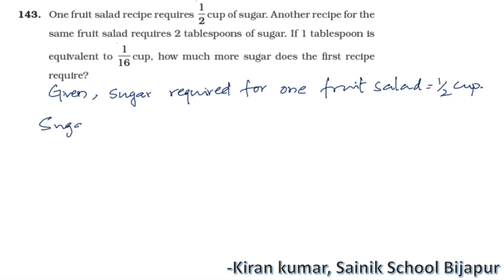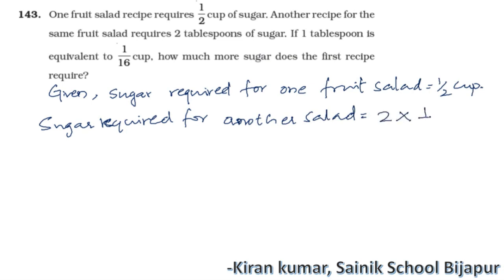Sugar required for another salad is 2 tablespoons and 1 tablespoon is 1 by 16 cup. So this will be equal to 2 by 16, which is 1 by 8 cup.